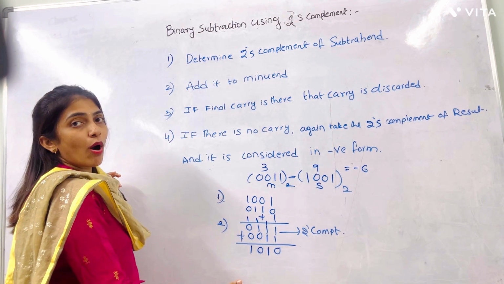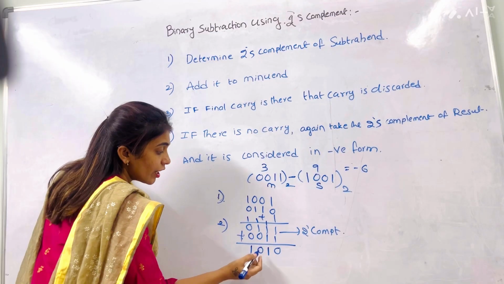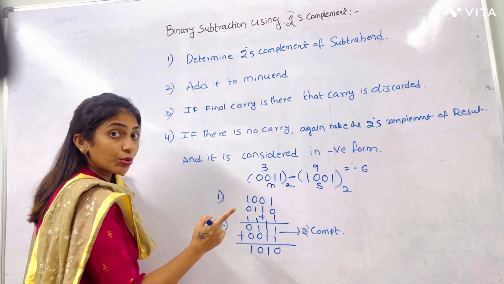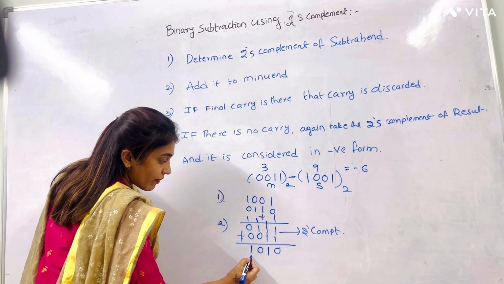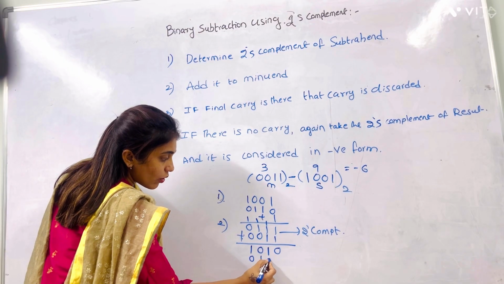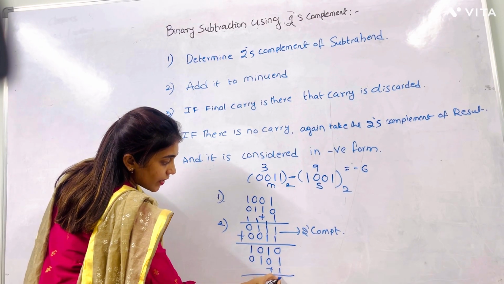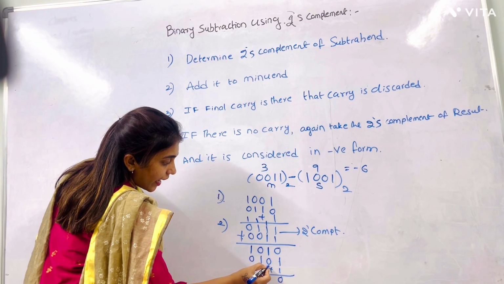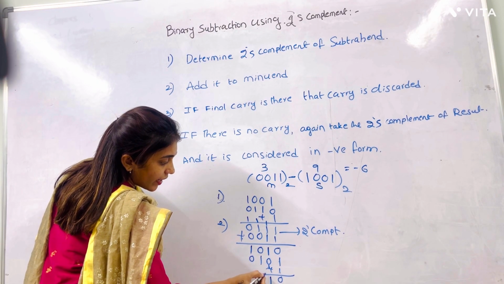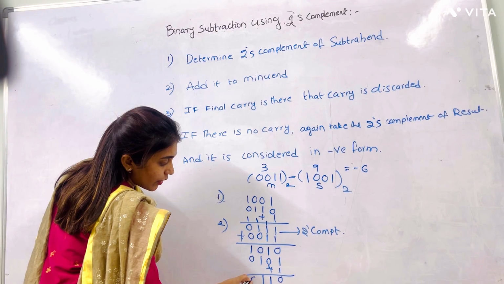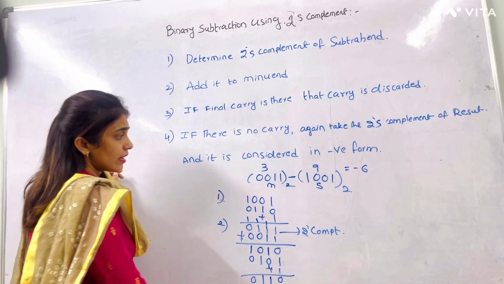Then do 2's complement for this result. First do the 1's complement, 0, 1, 0, 1. Then add 1. 1 plus 1, 0, carry 1. 0 plus 1, 1. So 0, 1, 1, 0. Okay, this is the answer.